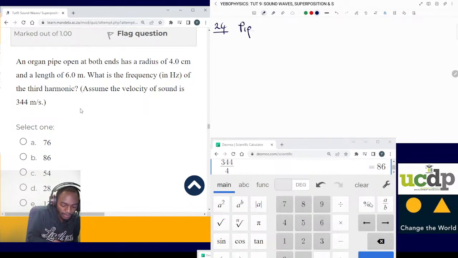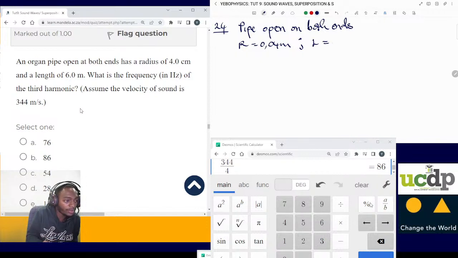So we've got a pipe open on both ends with a radius equal to 0.04 meters. What else? The length equals 6.0 meters. What is the frequency in hertz?